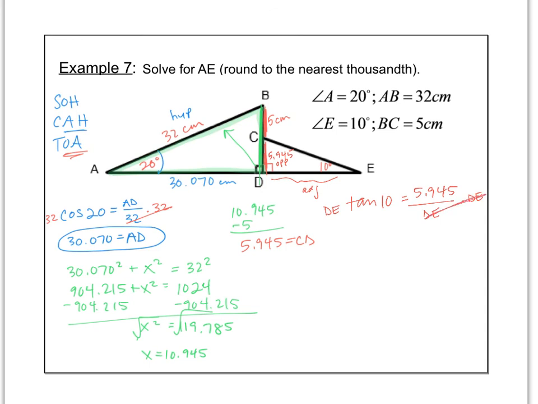And then I'm going to have to divide by tangent 10. So DE is going to equal 5.945 divided by tangent 10. And that you should be able to type in your calculator. And you get 33.714 for DE.